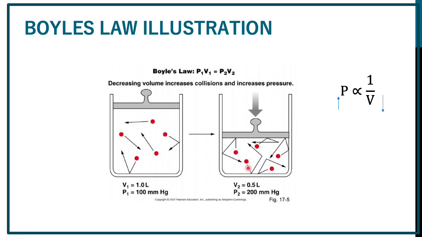When you decrease the volume, the collision of the molecules inside the container will increase. So when collision increases, pressure will increase. So that's why Boyle's law says that pressure is inversely proportional to the volume. When we decrease the volume, pressure will increase.